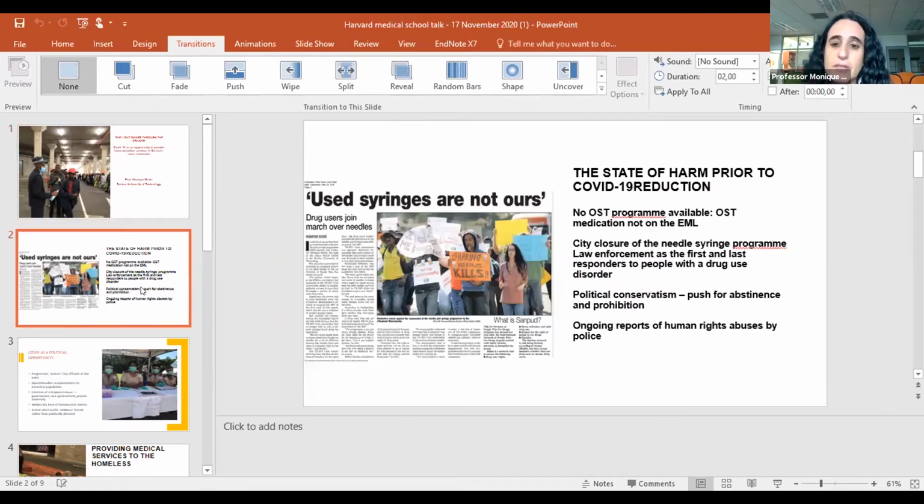The state of harm reduction prior to COVID is important because it gives you a measure of how important COVID was in terms of what I've called the light that shines through the cracks. So prior to lockdown, we had no opiate substitution therapy programs at all in the country.